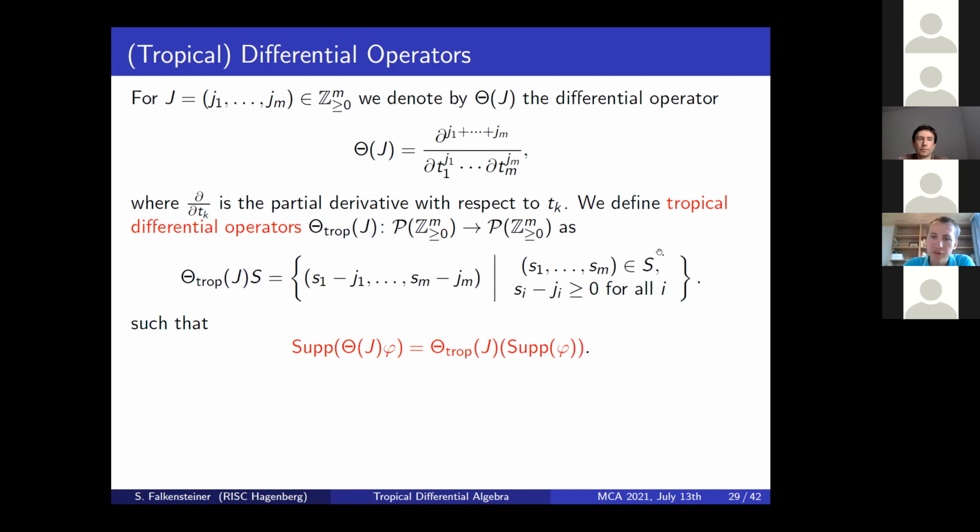We define the tropical analogon of this on a support set S by doing a shift in every component as many times as we take derivatives. And if we go to the negative, then we withdraw this.